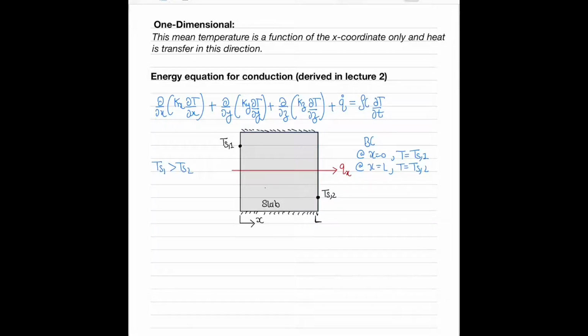The assumptions to find the temperature distribution in this slab with these boundary conditions are: first, one-dimensional; second, steady state; third, isotropic material; fourth, no heat generation.